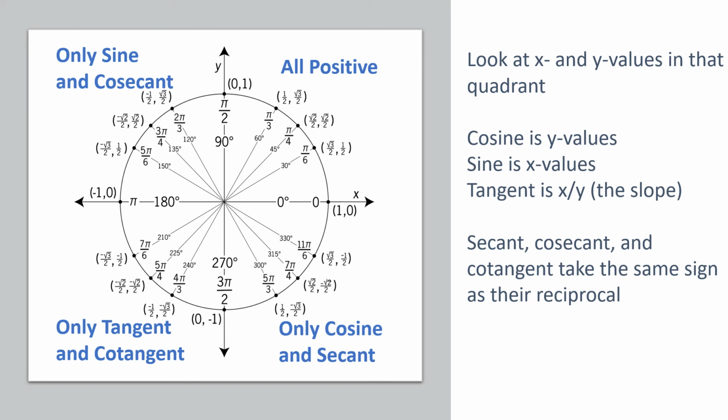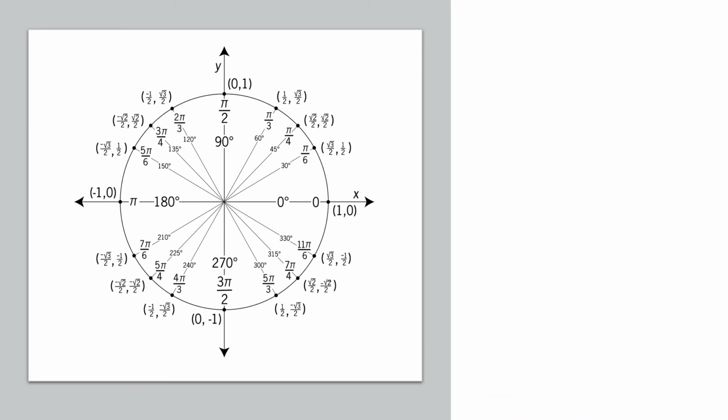You could just remember that all are positive in the first one. Sine is positive, so that means cosecant is positive. Tangent is positive in the third quadrant, so that means cotangent must be positive. And cosine is positive in the fourth quadrant, and so secant must also be positive.